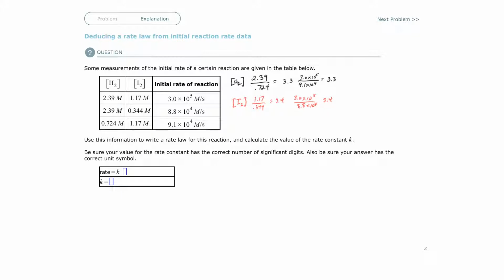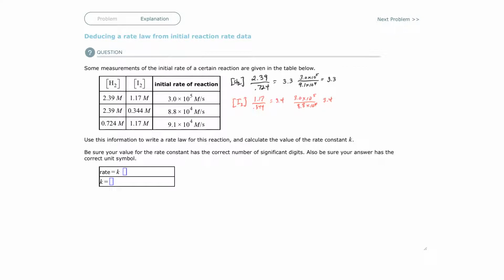If it is, then iodine is to the first order, to the 1 power. If one goes down by half, and the other goes down by 4 times, you realize you've got a square somehow, then it would be to the 2nd power.